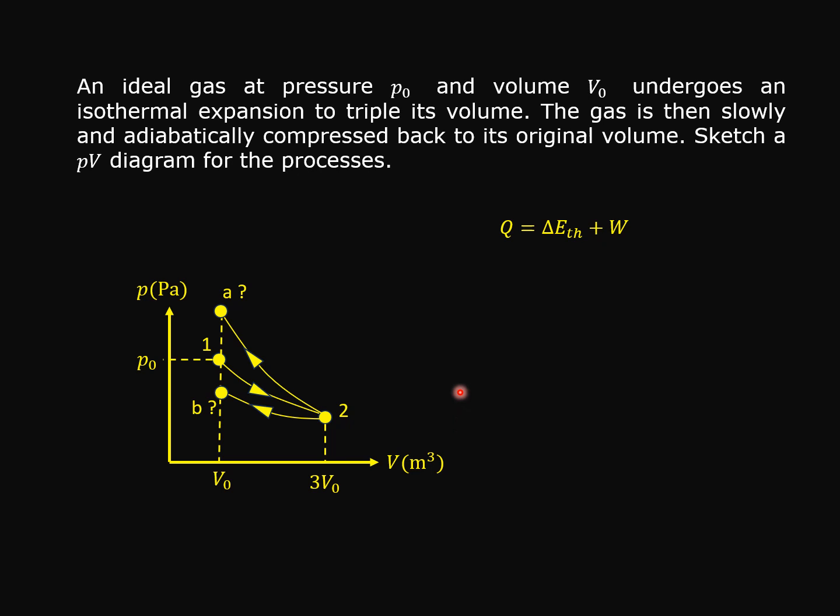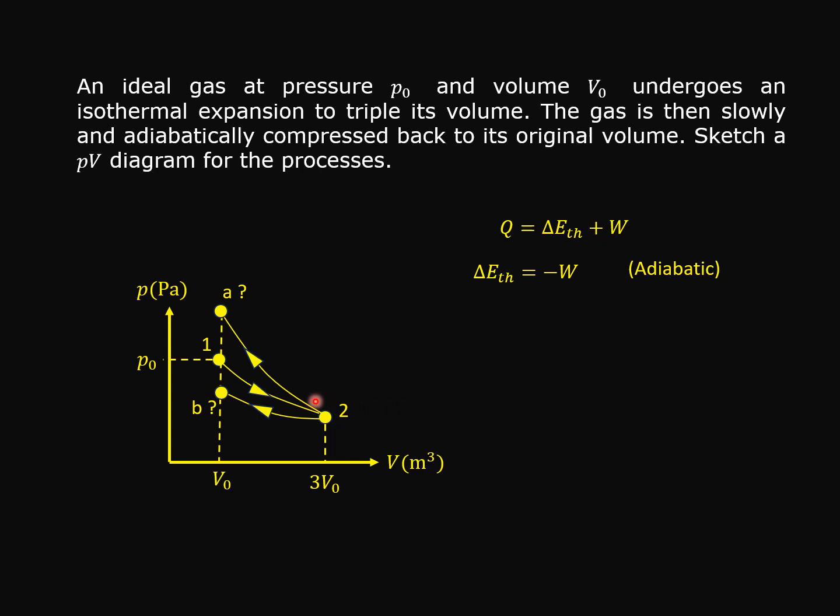To know the truth, we can use the first law of thermodynamics to analyze the properties of the adiabatic compression process. The first law of thermodynamics is given as Q equals delta E_th plus W, where Q is the heat, W is the work done by the gas, and delta E_th is the change of the internal energy of the gas.